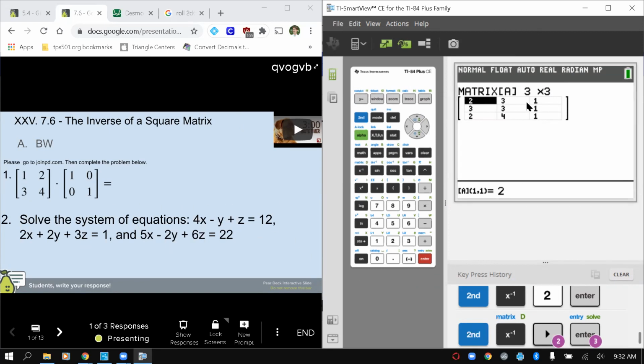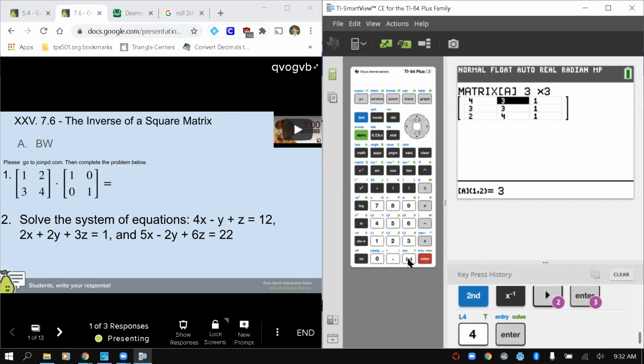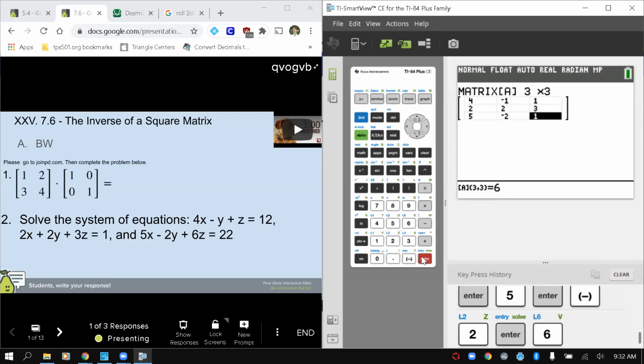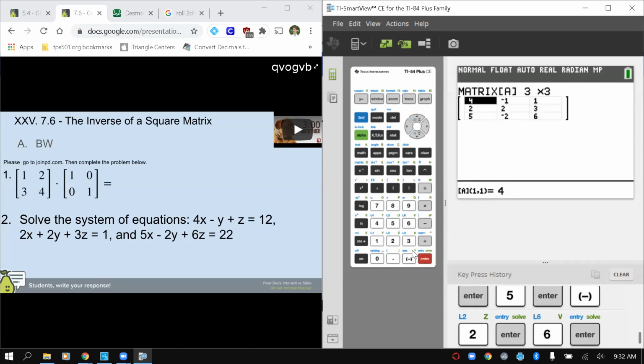So my first row would be 4, -1, 1. My second row, using the second equation, would be 2, 2, 3. The third row, using my third equation, would be 5, -2, 6. So that gives me a coefficient matrix.